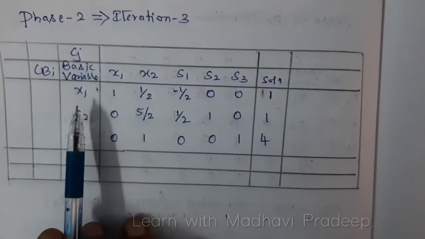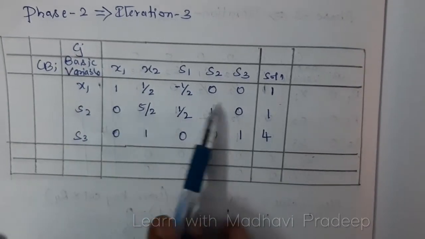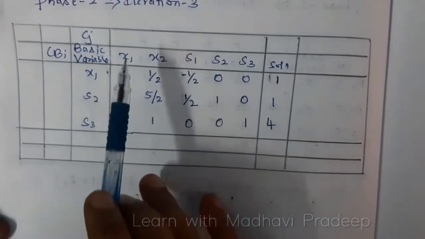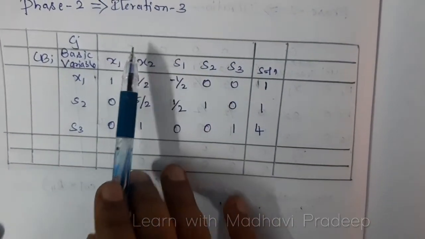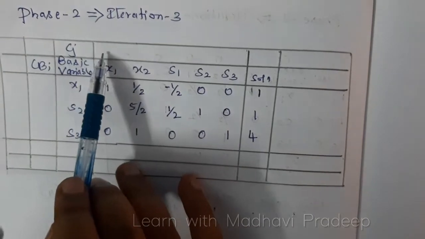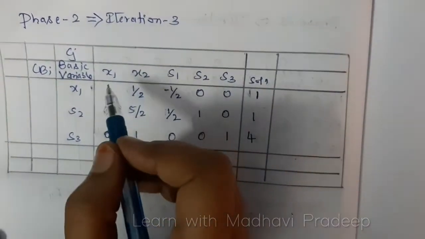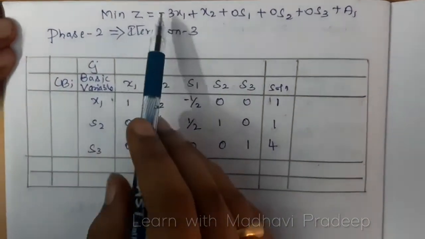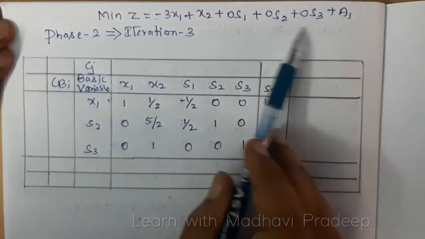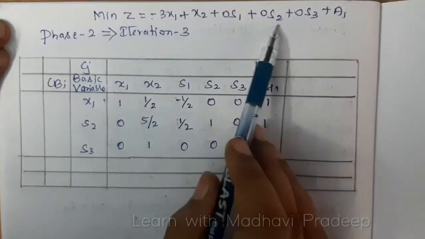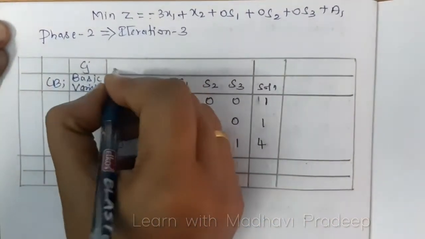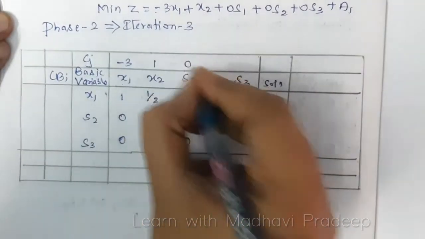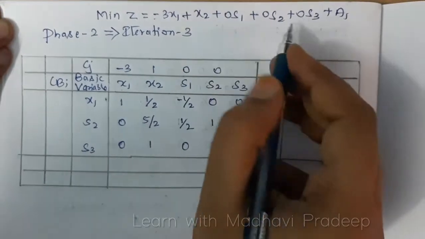So now in phase 2, we are proceeding with iteration 3. As I told, x1, s2, s3 row values will remain same from the previous iteration. Only the objective function value will change for the basic variables. So x1 value is minus 3, x2 value is 1, s1 value is 0, s2 value is 0, s3 value is 0.